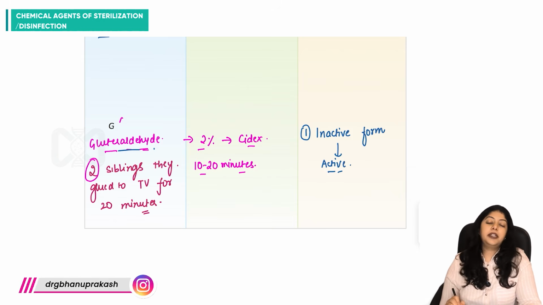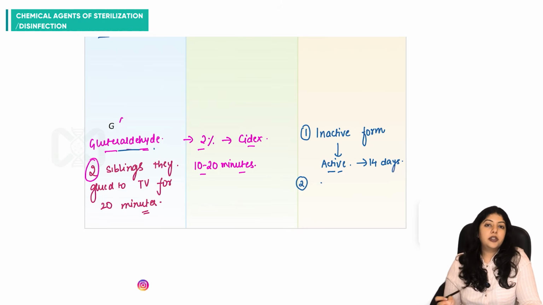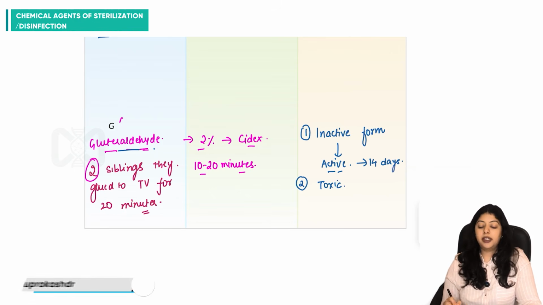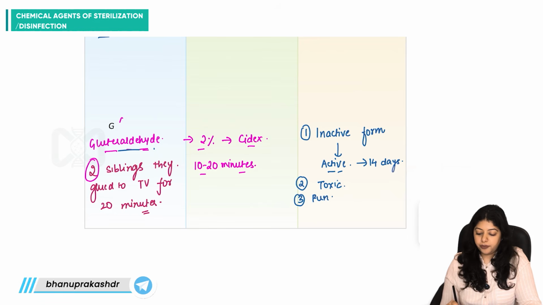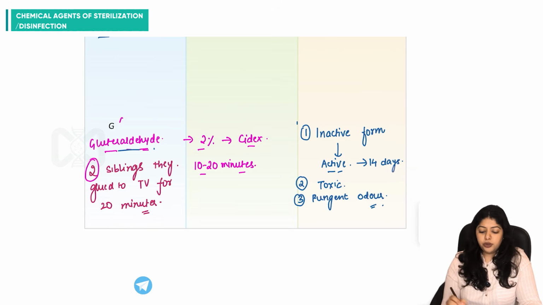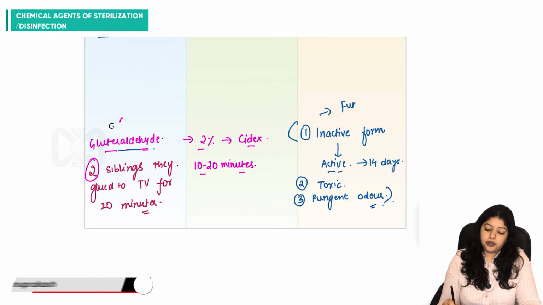And once activated, it remains active for around 14 days. So this compound is toxic also. It has a pungent odor also. Right? So the major use of glutaraldehyde is for fumigation in OTs.